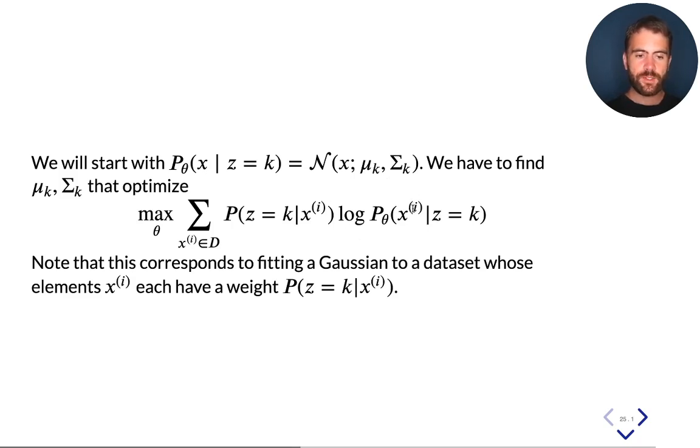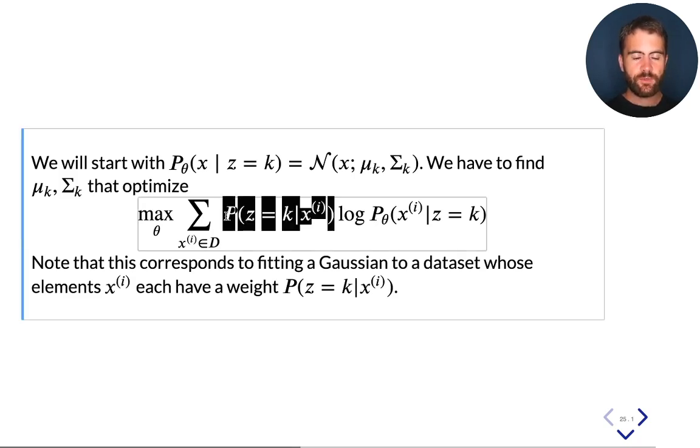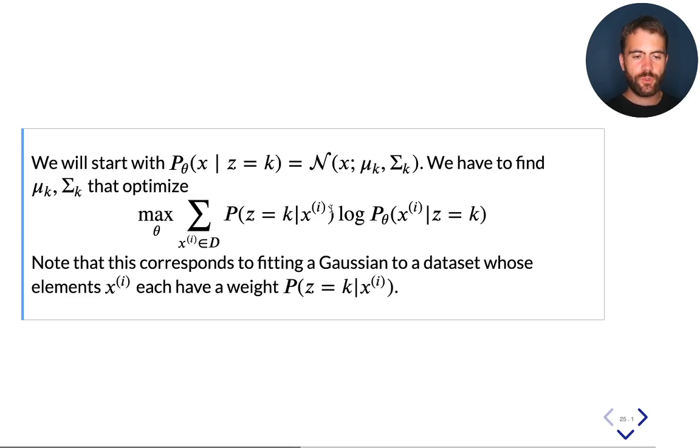Each xi has a weight associated to it, and what this means is that instead of just fitting the likelihood of all of the data, we are fitting the likelihood of the data when the data set is weighted, and each data point has a weight that is given by this probability. So the data point xi has a weight that corresponds to its probability of belonging to class K.